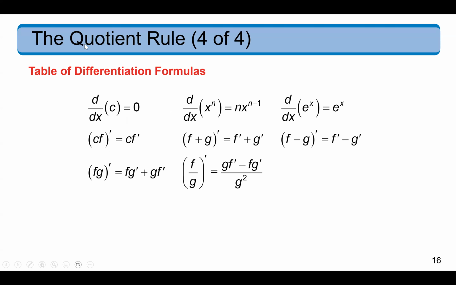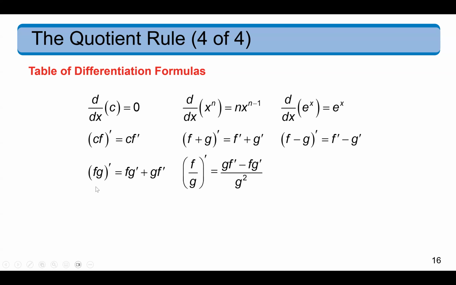Now, this is a table of the differentiation formulas which we went through so far. To find the derivative of a constant value, it's always 0. If we want to find the derivative of a constant times a function, we bring the constant out, then we find the derivative of f.